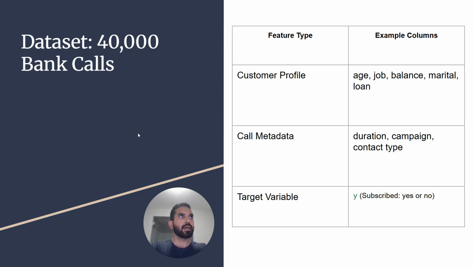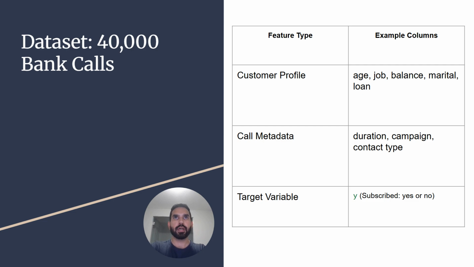From the data set, we look at the attributes that are present in the data set. Starting off, we have age, job, balance, marital status, loan, whether they have taken a loan or not. And these are mostly customer profile based features.